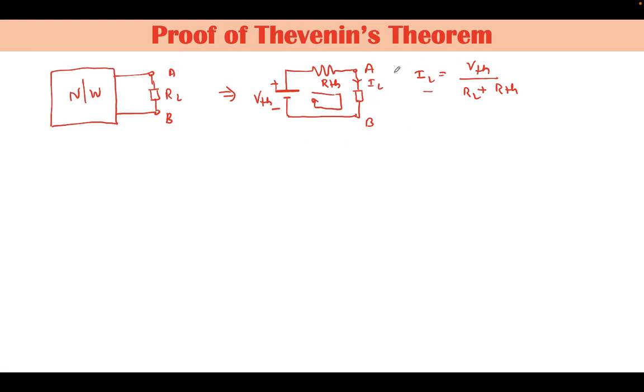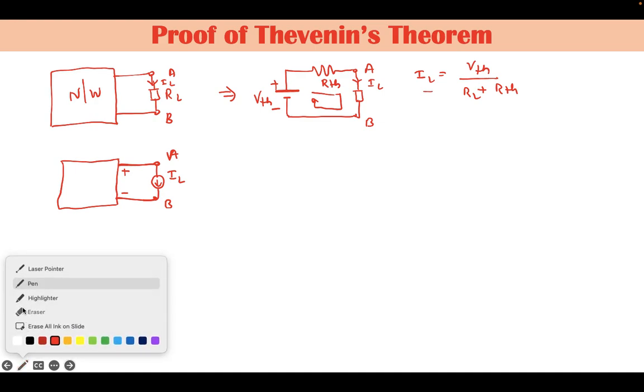To prove that this current is equal to Thevenin voltage divided by the sum of Thevenin resistance and load resistance, let me consider that the current flowing in this path is IL, and this current is substituted by a current source of magnitude IL. The potential developed across these two terminals, let it be VAB, that is across terminal A and B.